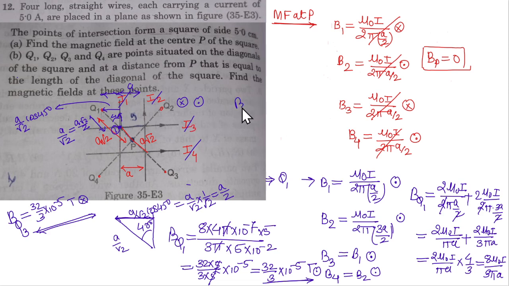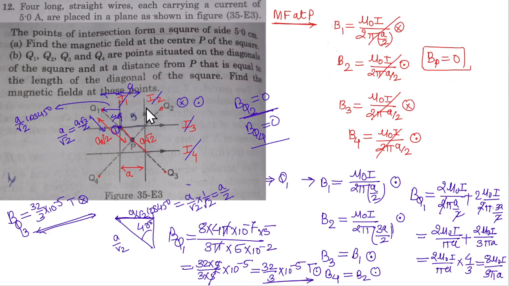So the magnetic field at Q2 is equal to 0. Same as it is, the magnetic field at Q4 is again equal to 0, because it is a very similar case to Q2. The direction of I1 is into the plane of paper, and I4 gives the same amount of magnetic field but outward. So it will cancel out, and I2 and I3 magnetic fields also will cancel out, and you will get 0 at Q2 and Q4.